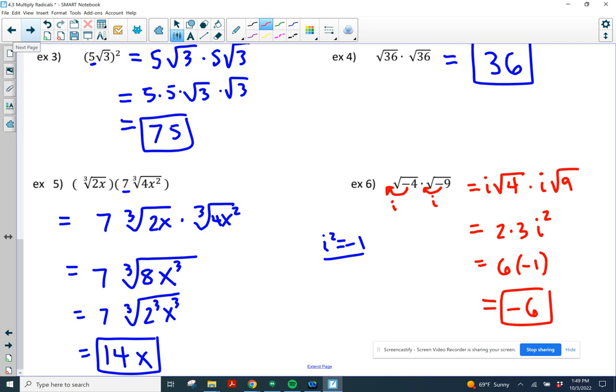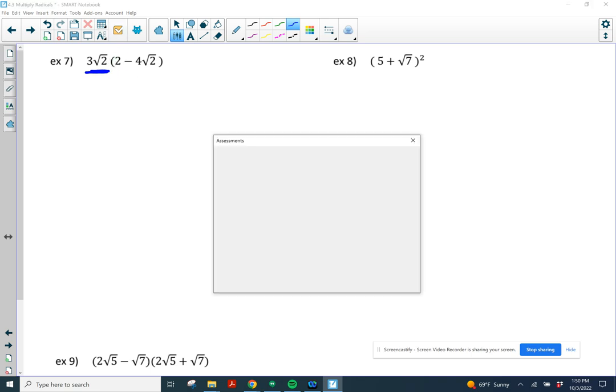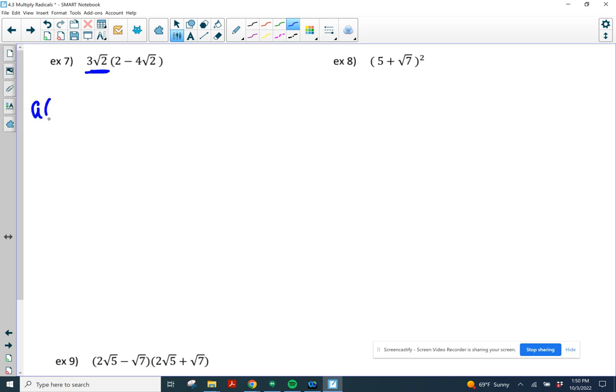All right, example 7. We have a multiplication. See these parentheses right here? We're multiplying 3 times the square root of 2. So we've got this term multiplying with everything inside the parentheses. So what I want you to think about is this is like doing A times B minus C. I need to distribute.